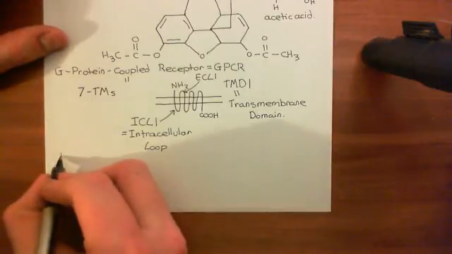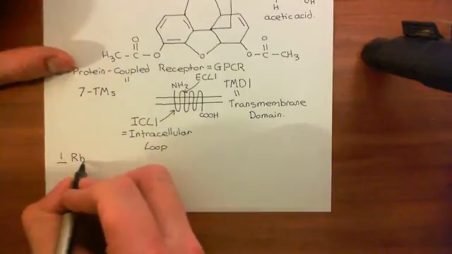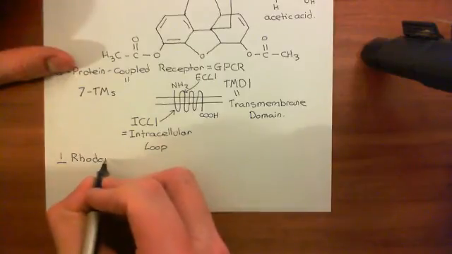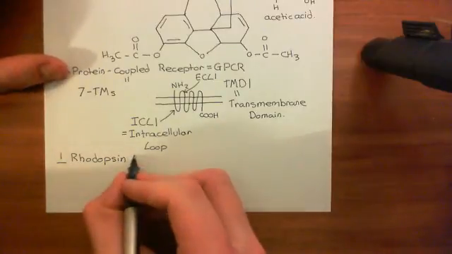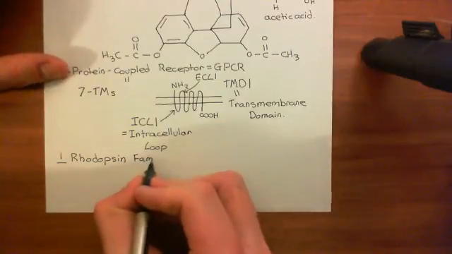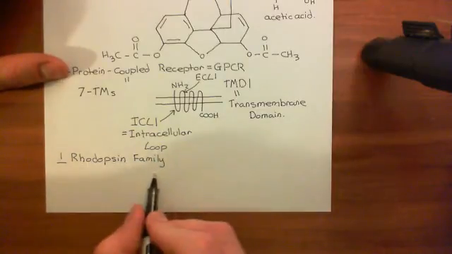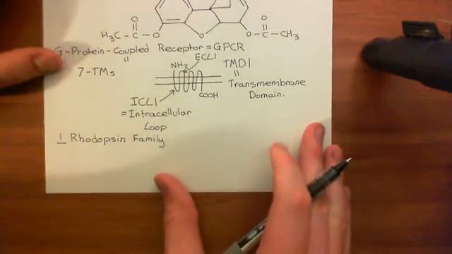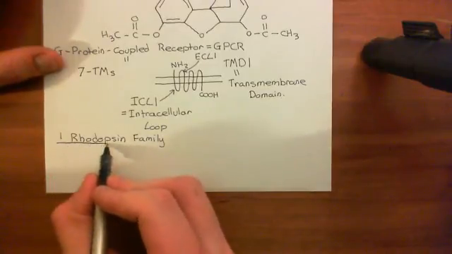So family 1, which is the most important family, is the rhodopsin family of G protein coupled receptors. This is easily the biggest family of G protein coupled receptors. There are over 750 members in this family alone, so 750 out of the total 800 G protein coupled receptors are in this rhodopsin family.